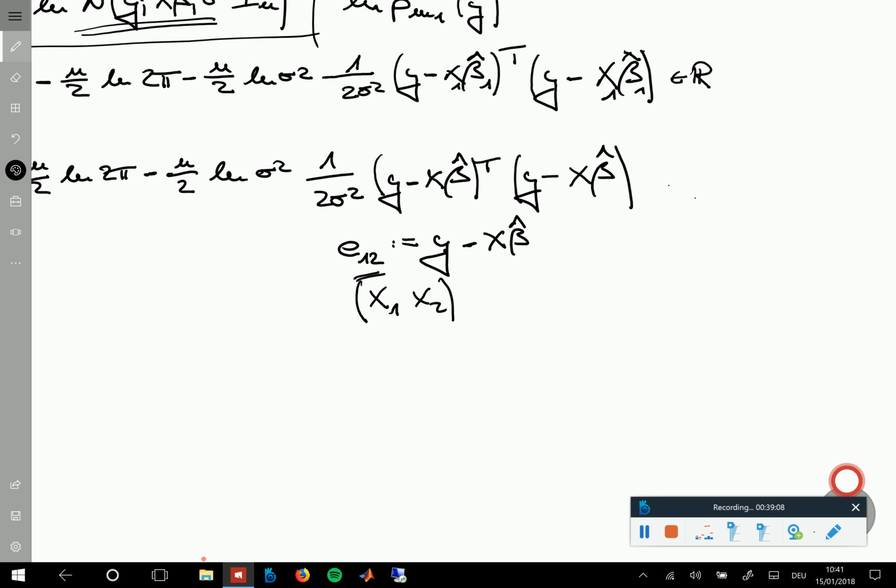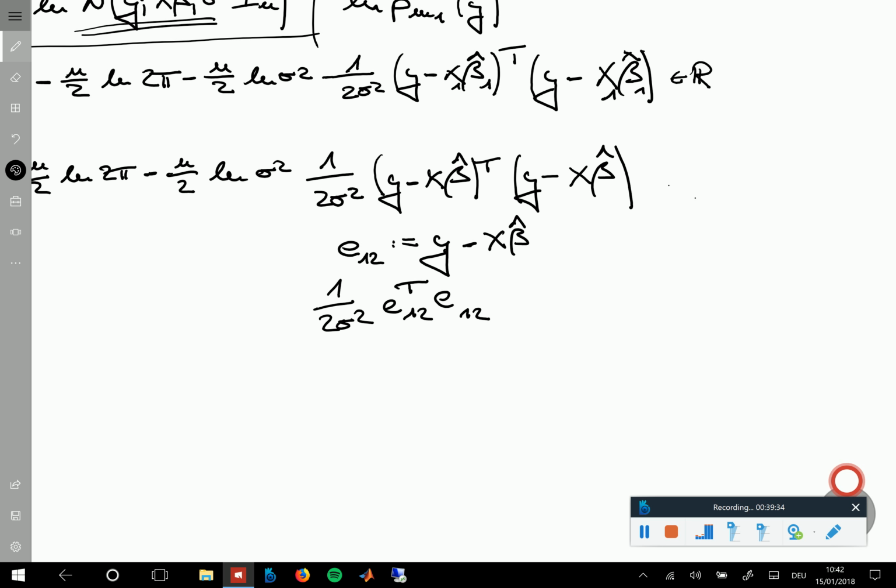And it's residual because once the parameters have been estimated, one can re-express this last term here that is just above it as 1 over 2 sigma square e12 transposed e12, which is of course much more concise, so you don't always have to write y minus x beta hat transposed times y.